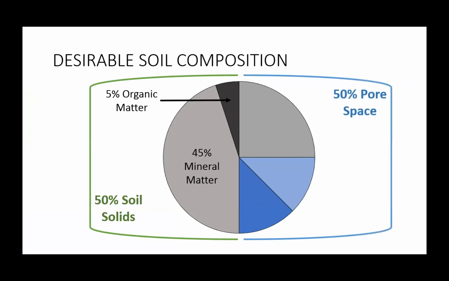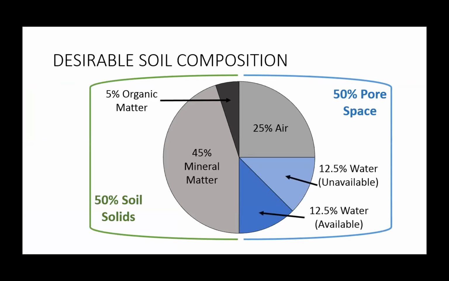And then the other half of your soil would be pore space, so the voids. And that's really important because ideally about half of that pore space is air, so you can have respiration of your roots and space for your microbes to grow and live and breathe. And then the other half would be water. But not all water in our soil is what the plants can take up. They can only take up certain types of water, certain amounts of water.